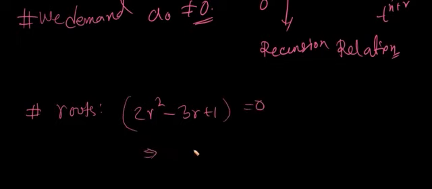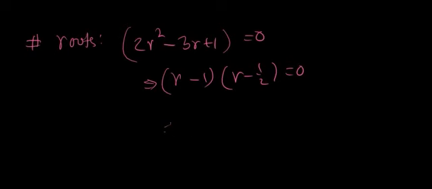And if you solve it, this is just r minus 1 times r minus half equals to 0. Obviously you can do the algebra or use the quadratic solution. So r is equals to either 1 or r is equals to 1 half.